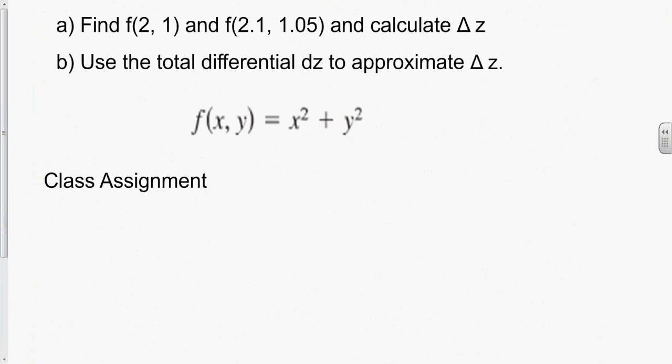Did you get delta z for part A, the increment? What'd you get for that? No, delta z, 0.5125, right. Good.